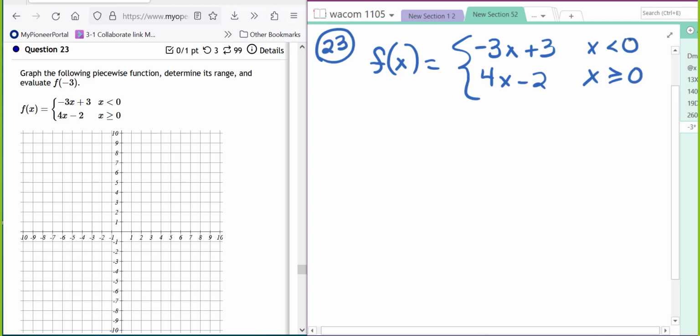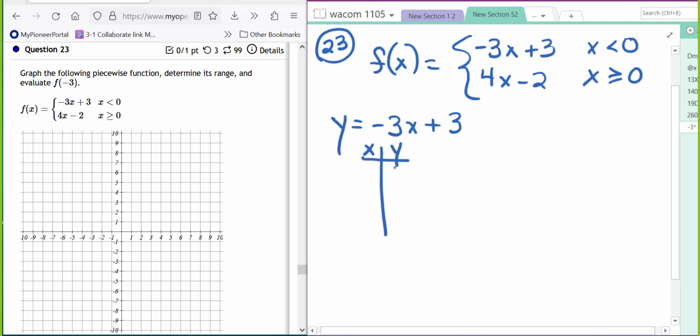Right? So I'm going to change it and make it look like a line. And I'm not going to graph it with slope-intercept, which would be an easy way to do. I'm going to use a chart because I'm only going to have part of the line.